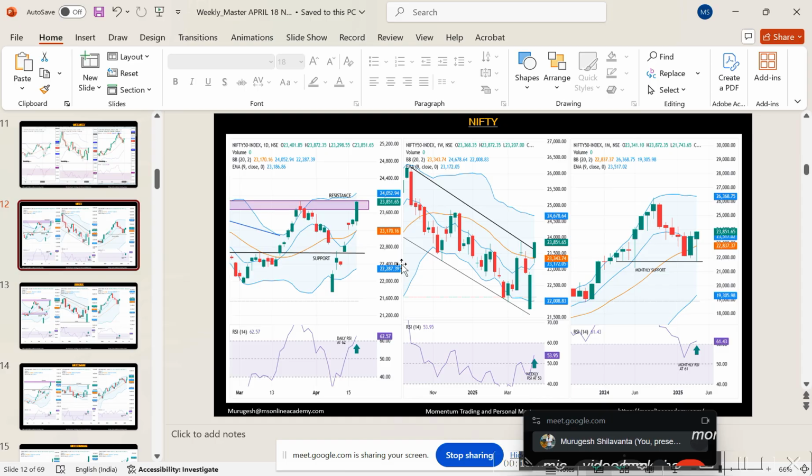We can see how it moves from tomorrow, but my expectation is that if it takes time consolidating in this price range, and after this week gives a proper breakout, then you can see 24,800 very soon, by next week or within 15 days.